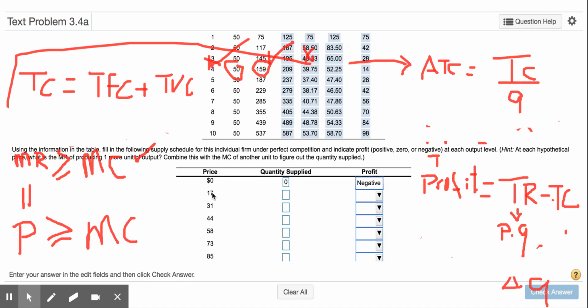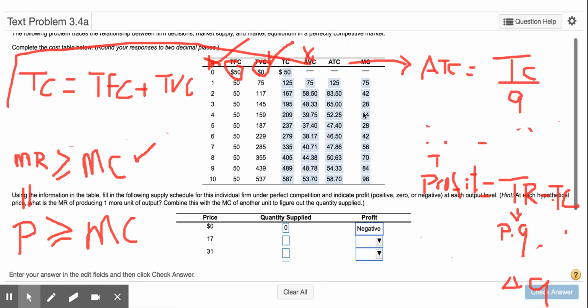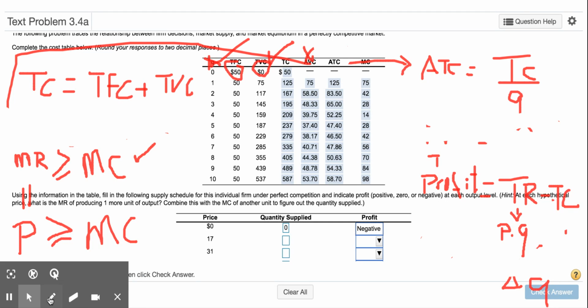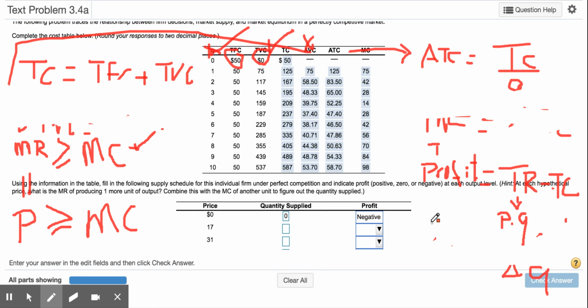Okay, now when the price is 17, still below marginal cost. Oh, over here, 17 is higher than marginal cost. So this is interesting. So remember when we drew the relationship between the marginal and the average.